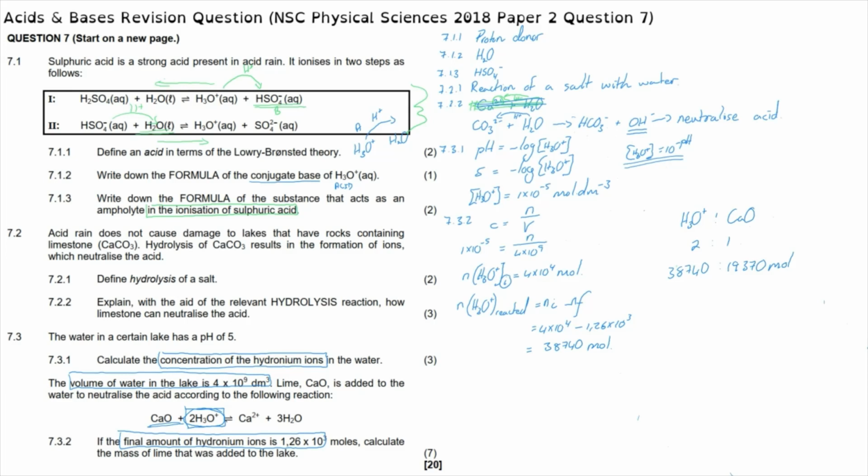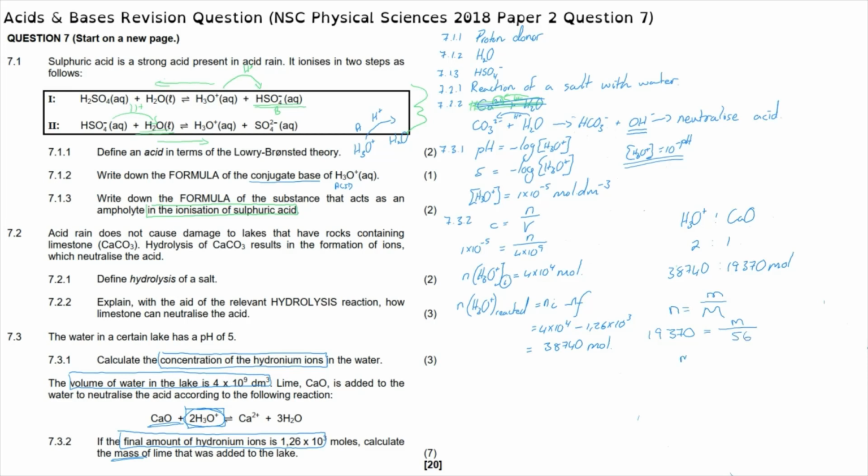And then we can finally get to answering the question, where the question has asked us to calculate the mass of the lime that was present in the lake. And so we can say that our number of moles is equal to the mass divided by the molar mass, where the number of moles we've just calculated as 19370, and that is equal to the unknown mass over the molar mass of calcium oxide, which is 56.